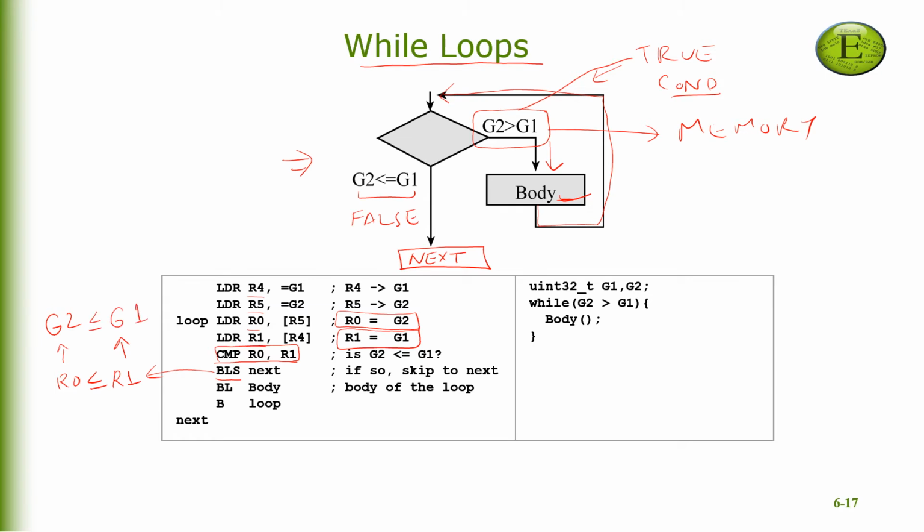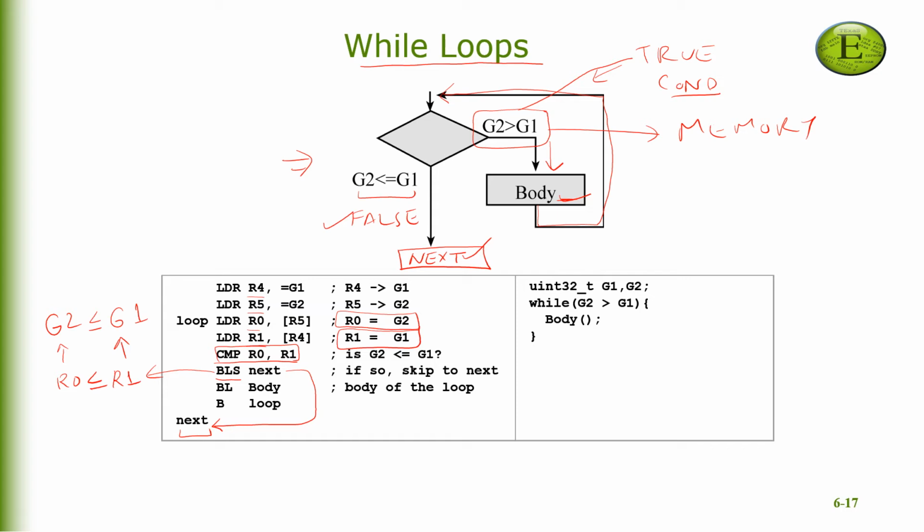Therefore, we are actually comparing G1 with G2 by comparing R0 with R1. And if R0 is less than or equal to R1, then the false condition will assert the program to jump to the instruction whose label is next. That is, it comes over here.